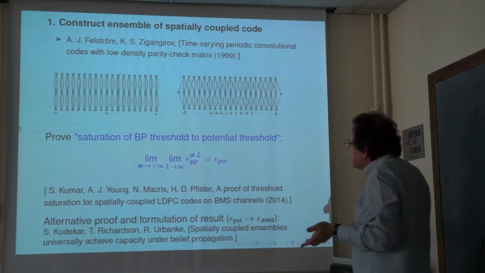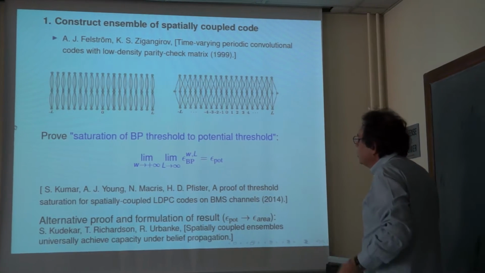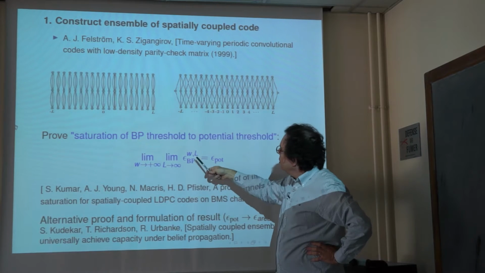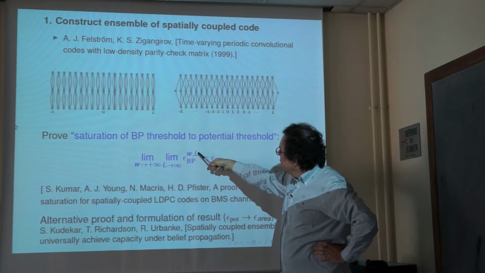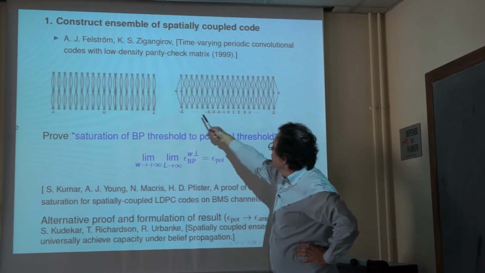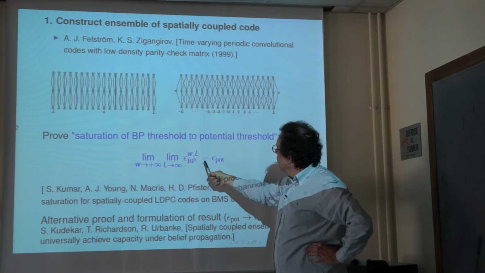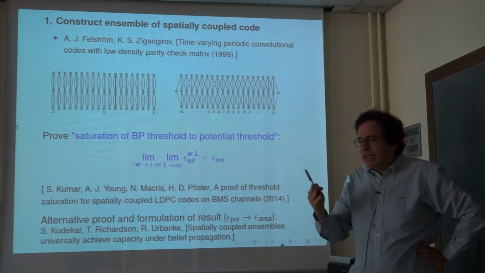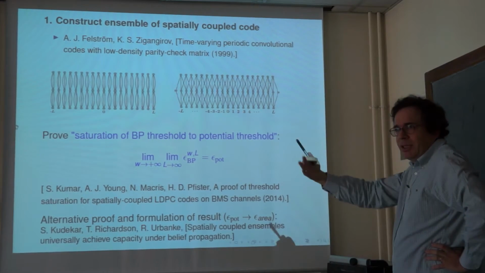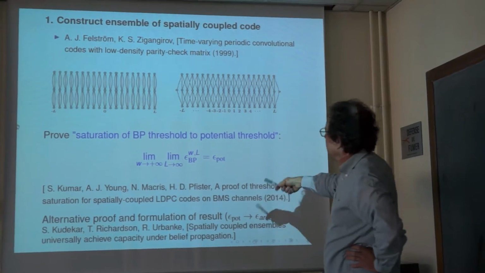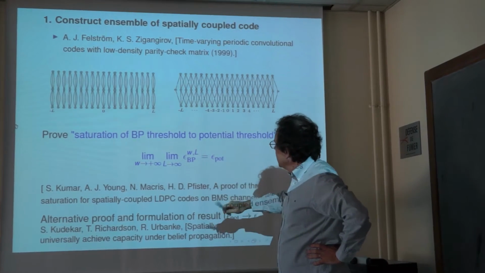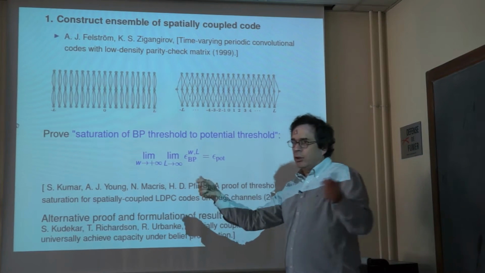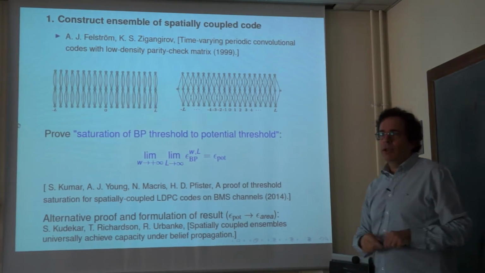And this you can formalize and show that the belief propagation threshold for the chain of length L coupled over a width W will tend to the potential threshold. So basically the best you can do, because this will be the MAP a bit later, it tends to the potential threshold as the chain length goes to infinity first and the coupling width goes to infinity later on.